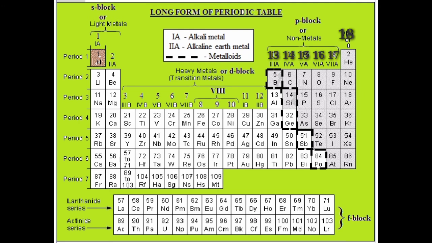Elements 57 to 71 are called lanthanides and 89 to 103 are called actinides. Also these elements are called inner transition elements, meaning the last three shells of these elements are incomplete. In transition elements 2 shells are incomplete, and in inner transition elements 3 shells are incomplete. Is this clear to you, students?